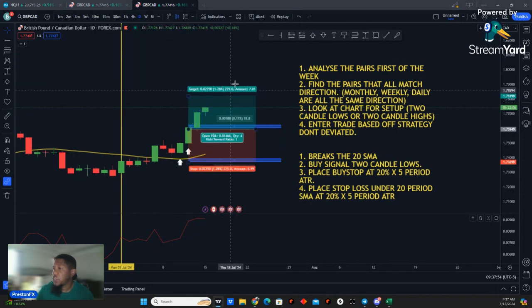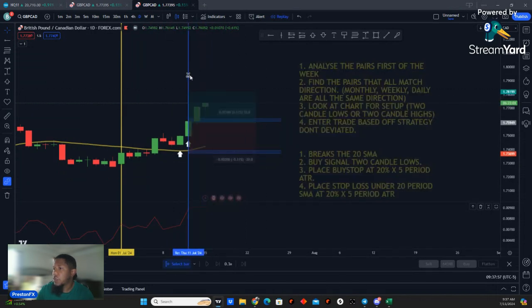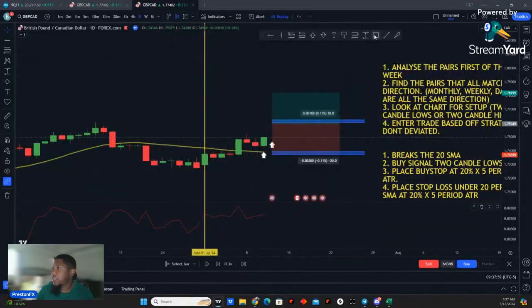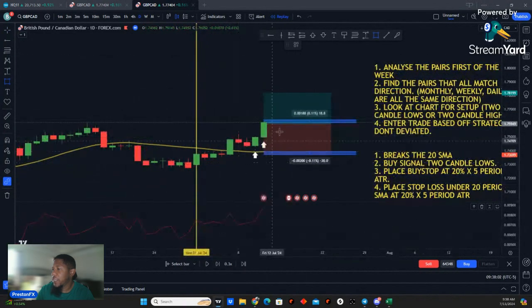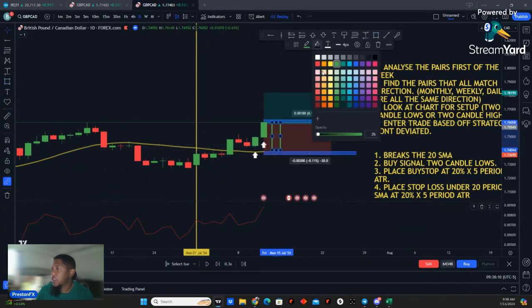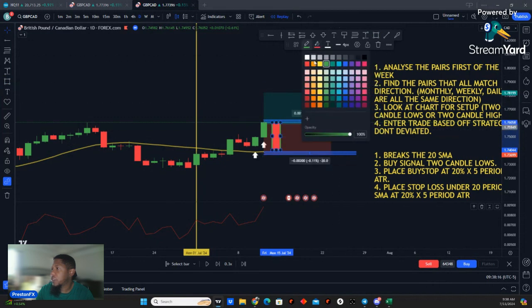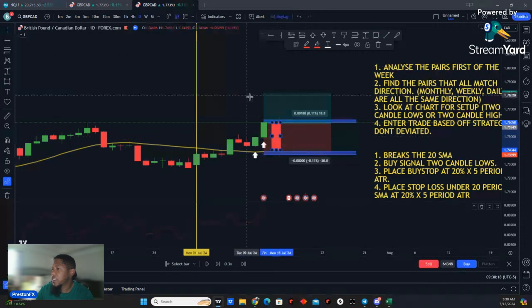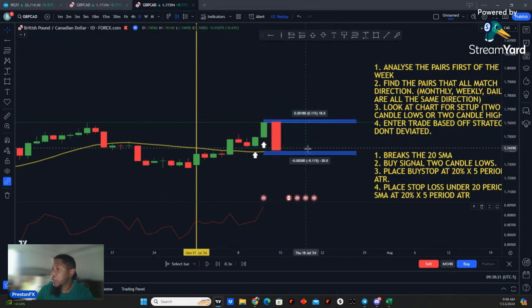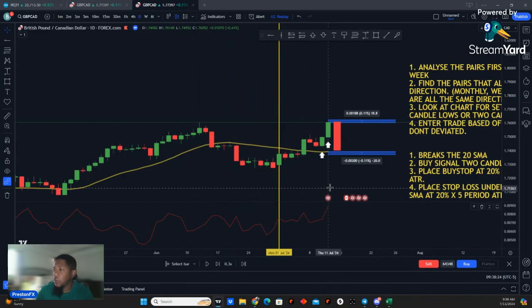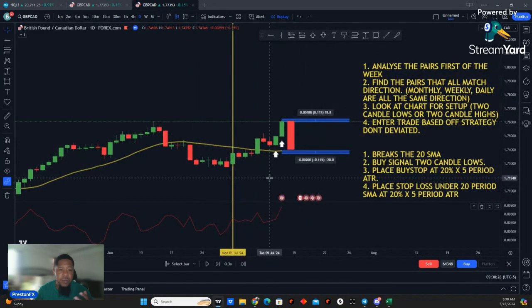Say we entered right here, and then the next candle went this way, red and down, and it engulfed this candle and stopped us out. Honestly, if I see an engulfing candle, I'm getting out. I'm like, okay, this is not my signal.